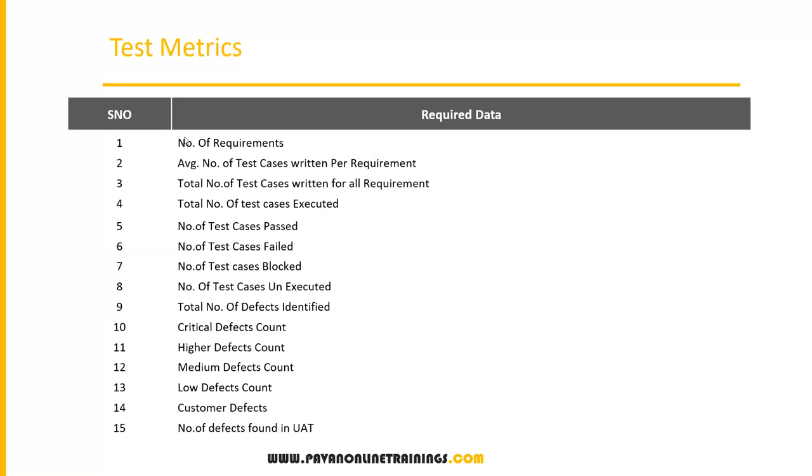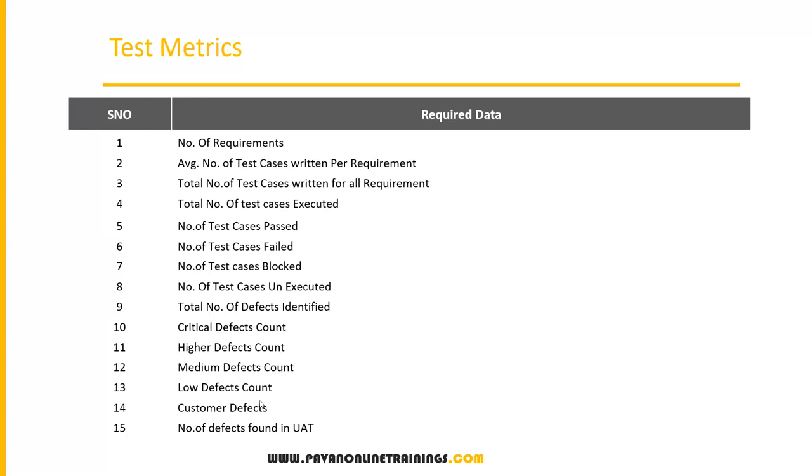The number of requirements, the average number of test cases written per requirement, the total number of test cases written for all the requirements, the total number of test cases executed, the number of test cases passed, failed, blocked, and unexecuted, the total number of defects identified, and the critical, high, medium, and low defects counts.